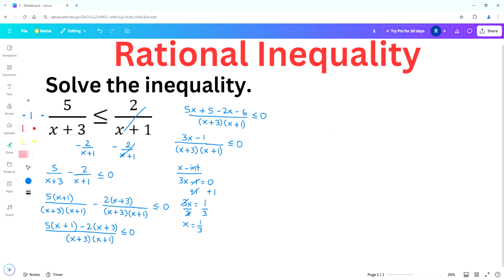Next, we can find the vertical asymptotes. We should set the denominator expressions equal to 0 and solve for x.